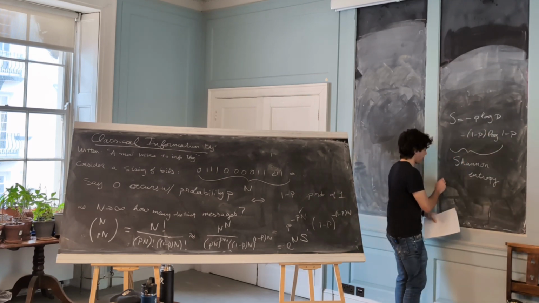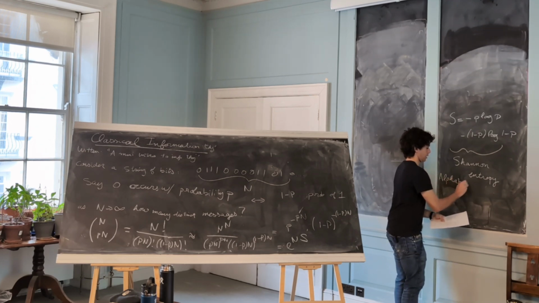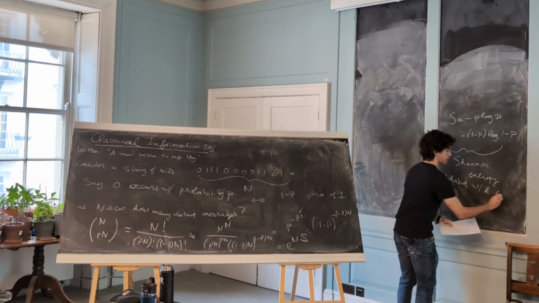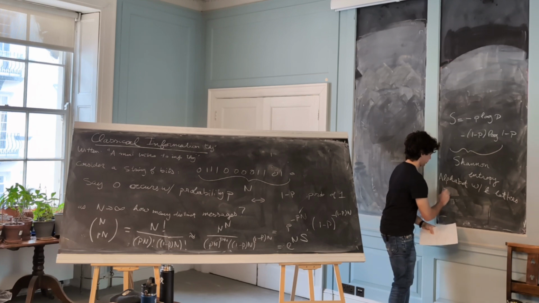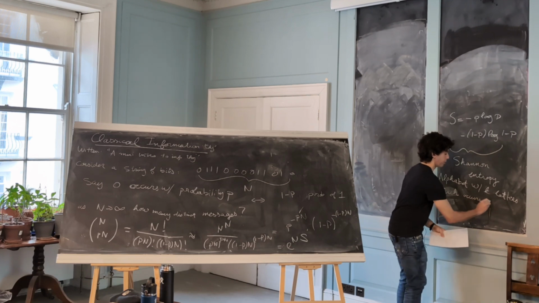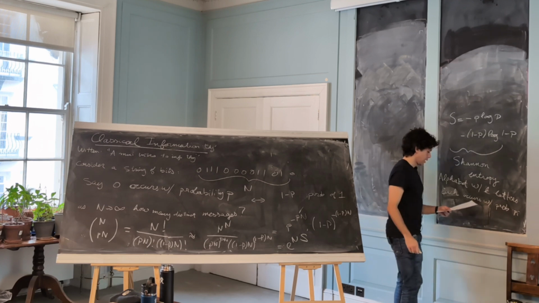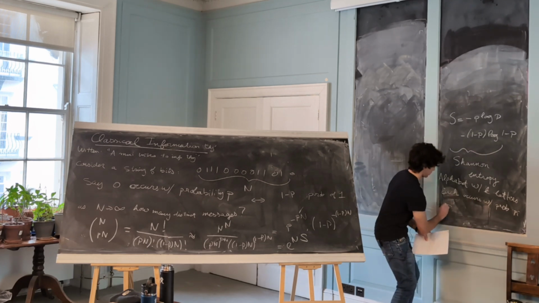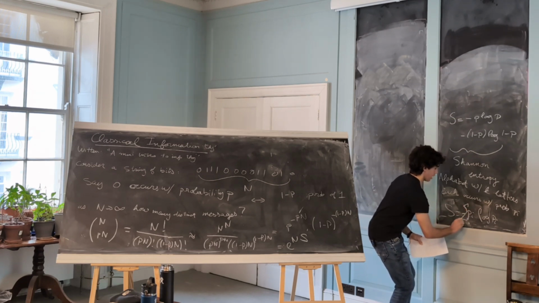Okay, so if I have an alphabet with k letters, and each one occurs with probability p_i, then my S is just minus the sum over i of p_i log p_i.